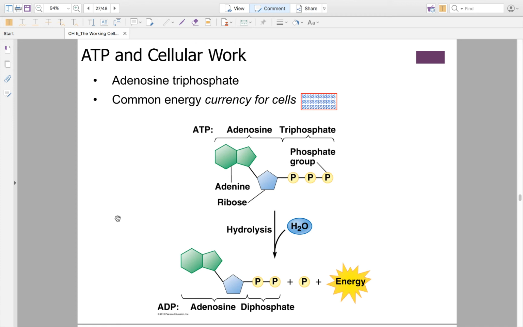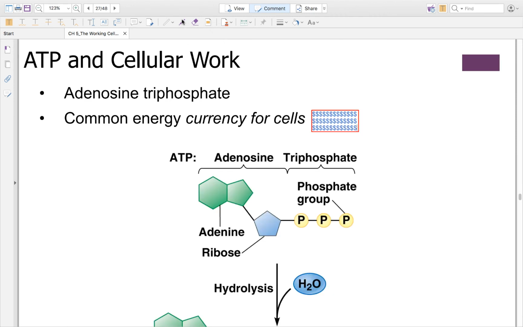Okay, so what is ATP? ATP is adenosine triphosphate, and this is its structure, let's zoom in on it. If you look closely, you see this 5-carbon sugar called ribose right here, and you'll see a base called adenine, and then you see 1, 2, 3 phosphates. Notice there is a similarity to the RNA nucleotide. For example, ribose is found in RNA, so is adenine. But what's the difference?